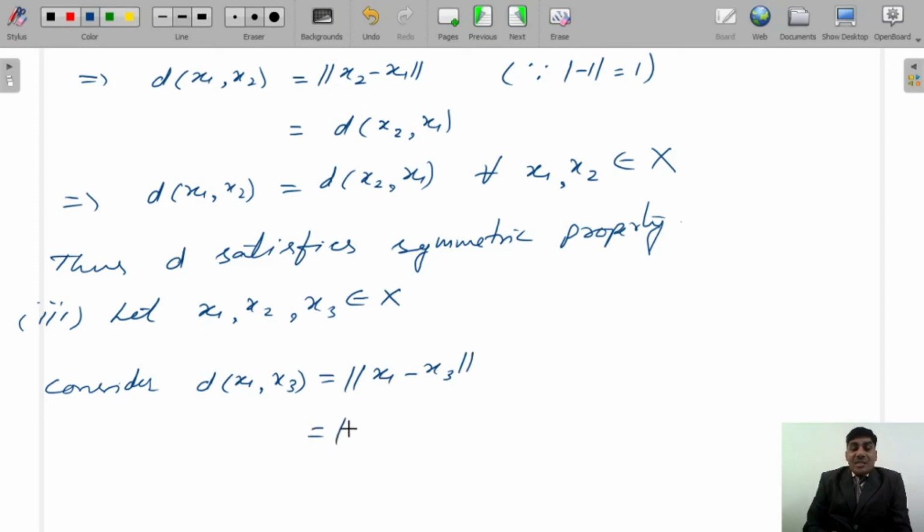We can write it as norm of x1 minus x2 plus x2 minus x3.